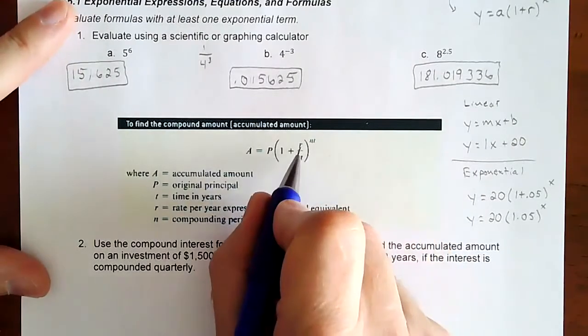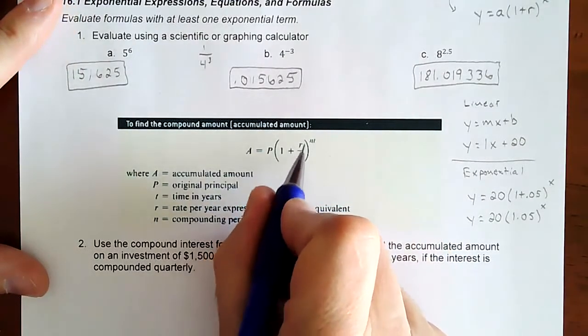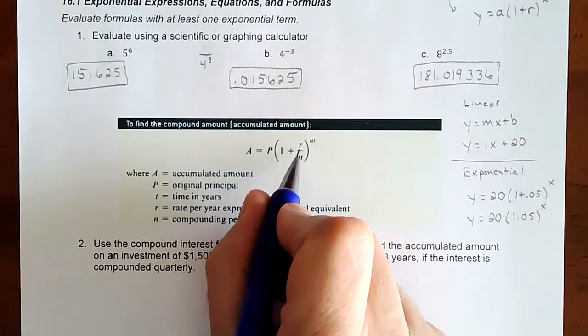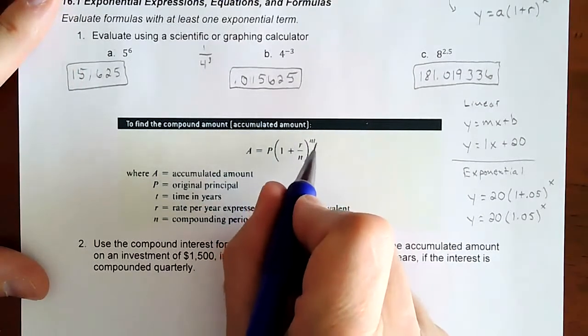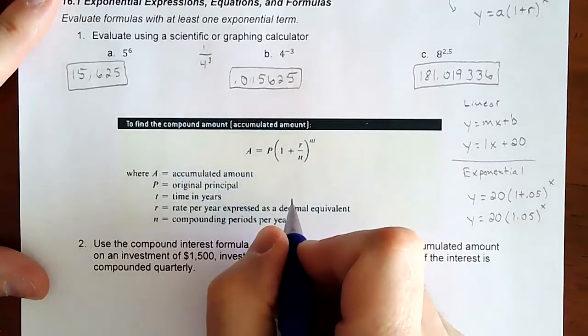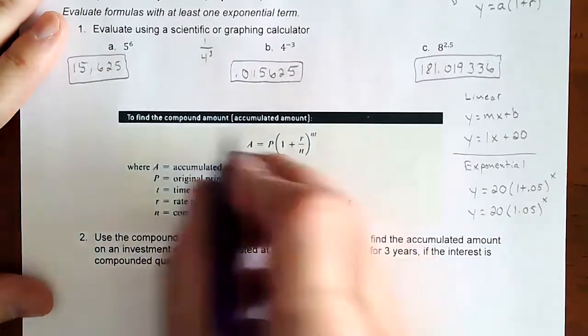Okay, so it's going to take your rate and break it up into these small little increments and pay you interest, especially if it's an investment. But then this exponent is going to represent the total number of times you're going to get this interest added on. Okay, so for example, let me kind of go off to the side.